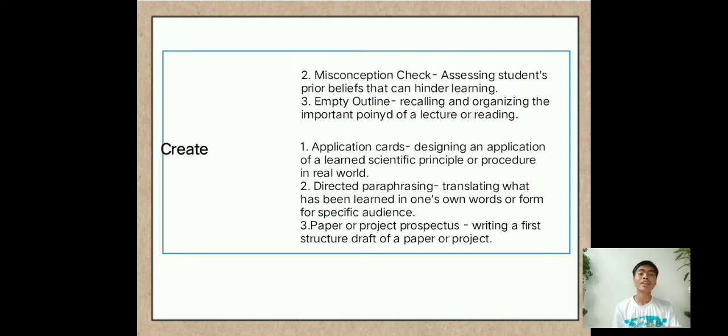And number 2, directed paraphrasing: translating what has been learned in one's own words or form for a specific audience. You are letting the students paraphrase and translate something out of the original output. Or number 3, paper or project prospectus: writing a first structured draft of a paper or project.